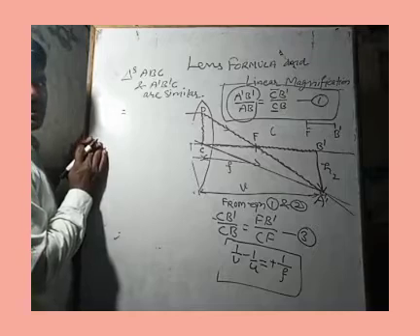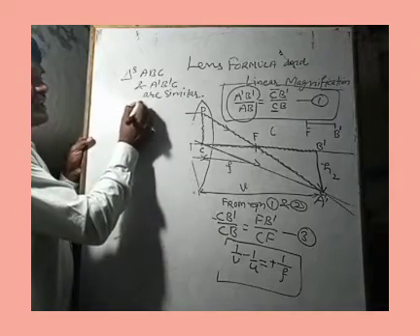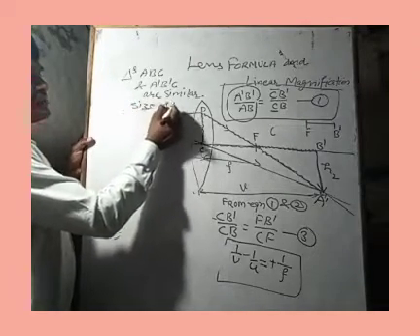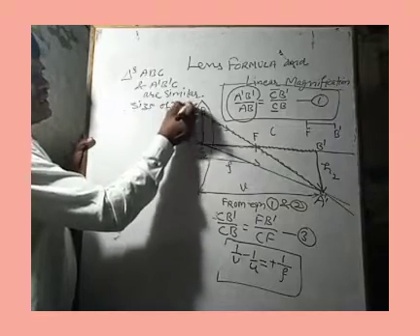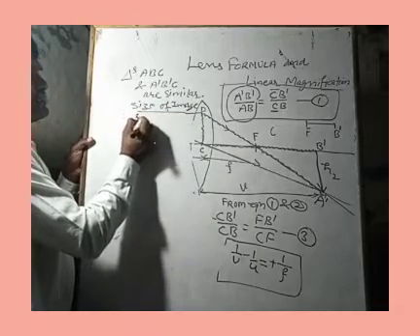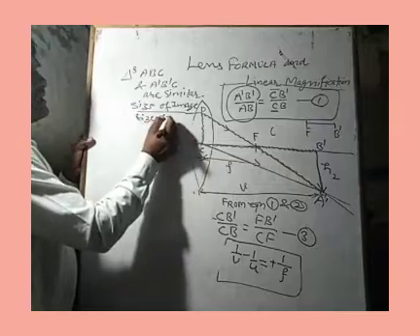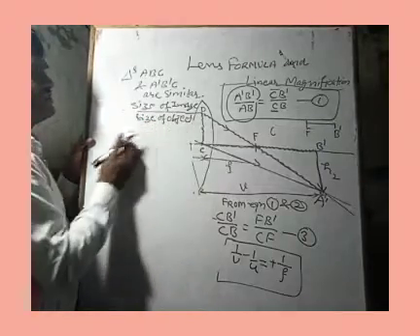Linear magnification is M, and it is also given as the size of the image to the size of the object, as it was given in the case of mirrors.